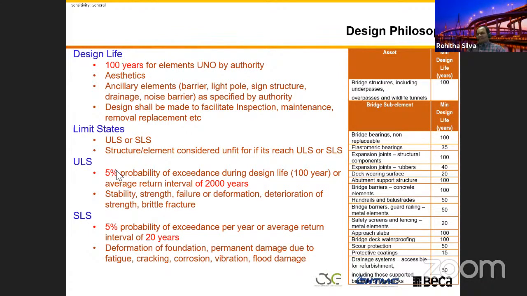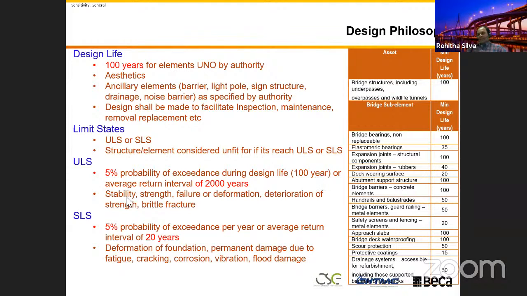So the ultimate limit state criteria, we make sure that during the design life of the bridge, there is a 5% probability of accident during the design life. Whatever the loads or load combination you're going to assume in your bridge design, there's only a 5% chance it will exceed that in the 100-year design life.